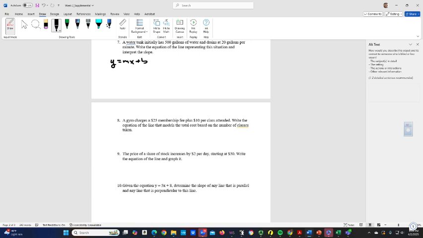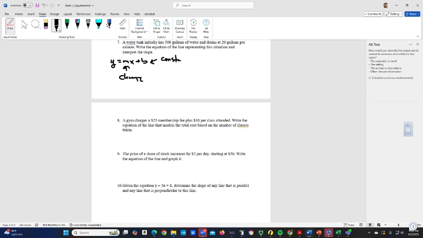The y and the x are going to constantly change, as we've seen for the first 2 weeks. The m and the b are constants. The m is the change that's happening, the one that's going up or down. The b is the constant, or the start, or the initial.